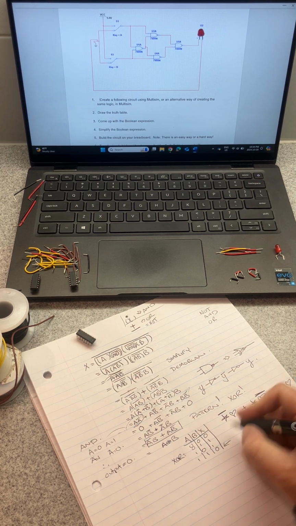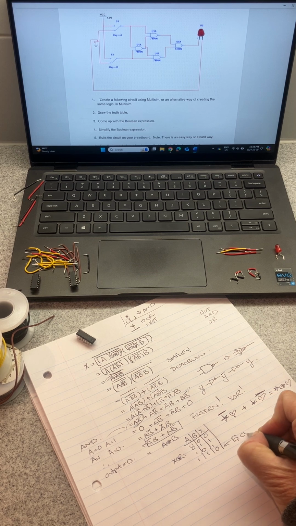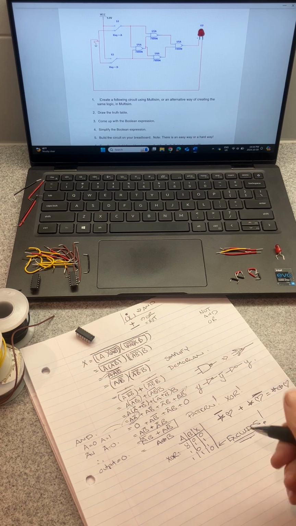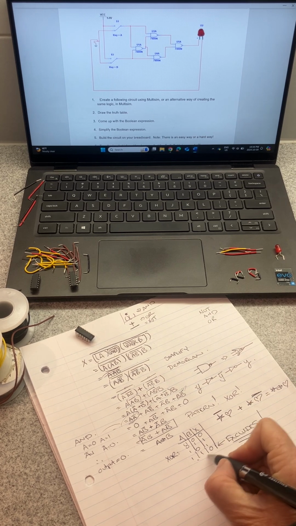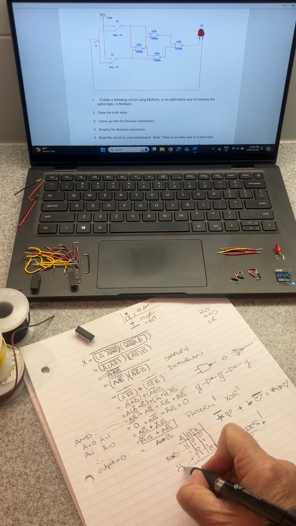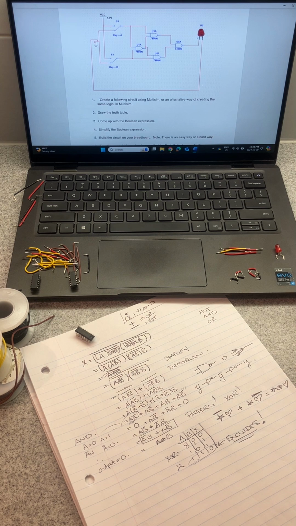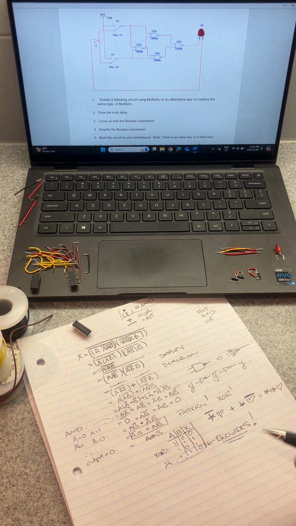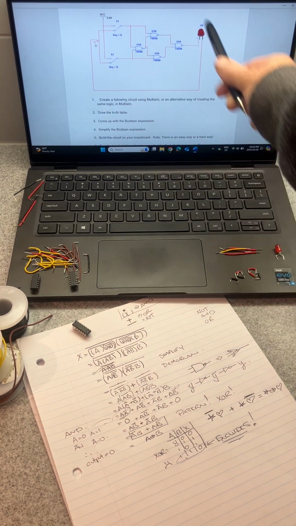So the exclusive OR excludes this 1-1 case. This 1-1 case is excluded. Exclusive OR is kind of a mean gate. It's an excluded gate.